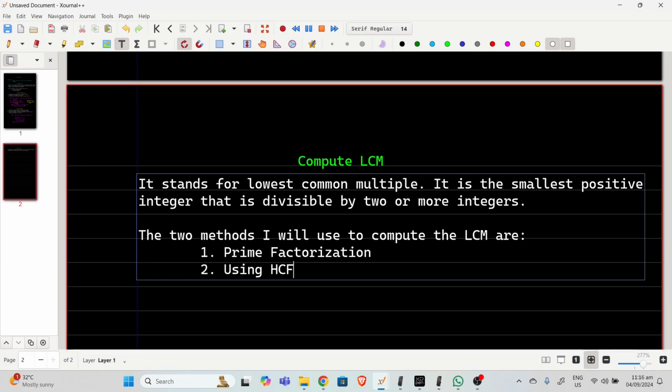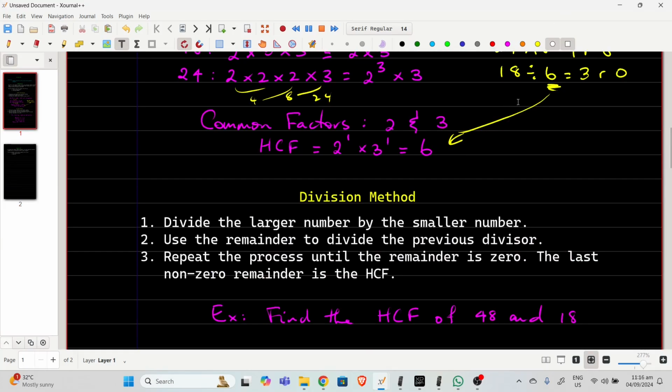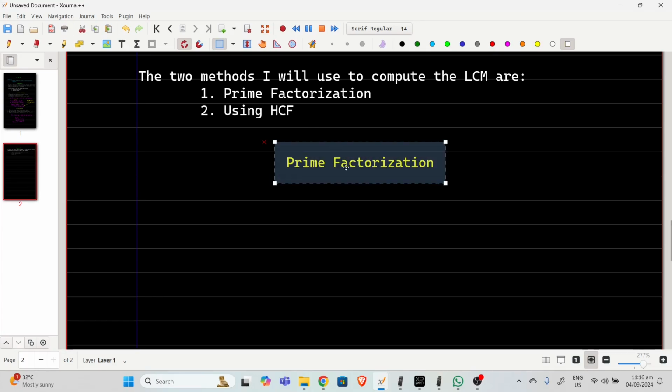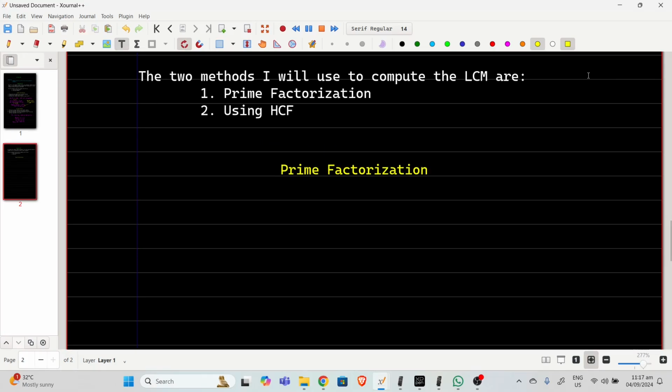All right, so I'm going to explain both methods again, and let's do the prime factorization method. You can start to probably understand why I think that the prime factorization is the better one. So prime factorization, right?